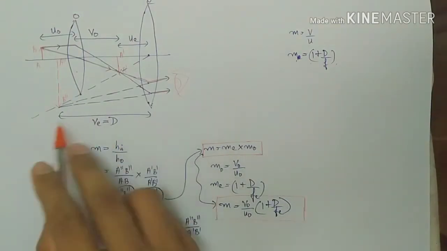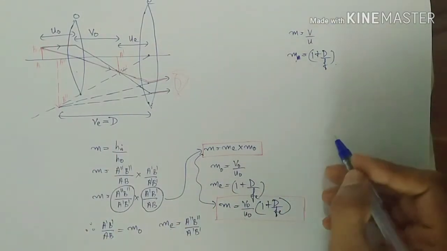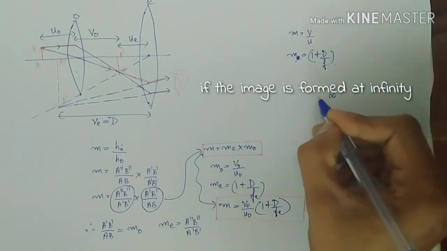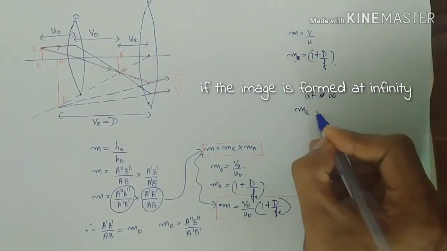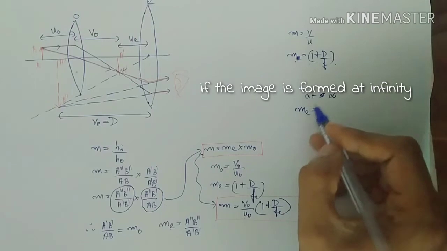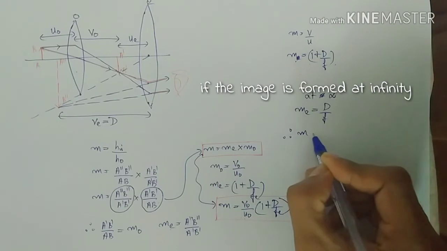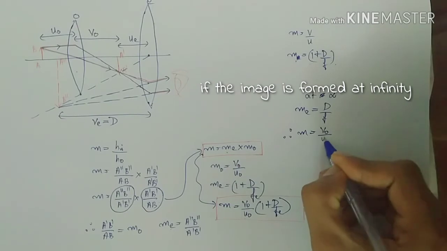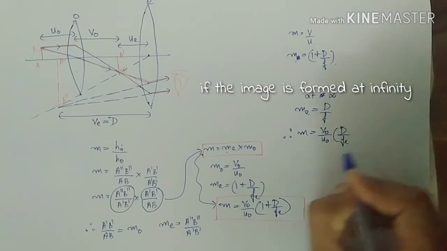This is the magnifying power if the image is formed at D distance. We have to remember another magnifying power if the image is formed at infinity. If the image is at infinity, then magnifying power of eyepiece, instead of 1 plus D by F, it will be D by F. Therefore, effective magnifying power of the compound microscope will be MO is VO by UO into ME is D by FE.